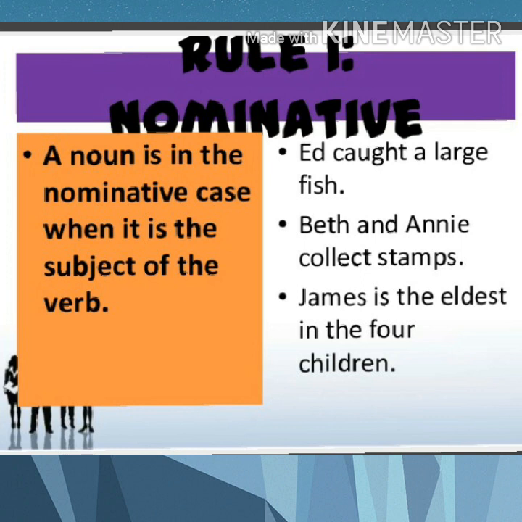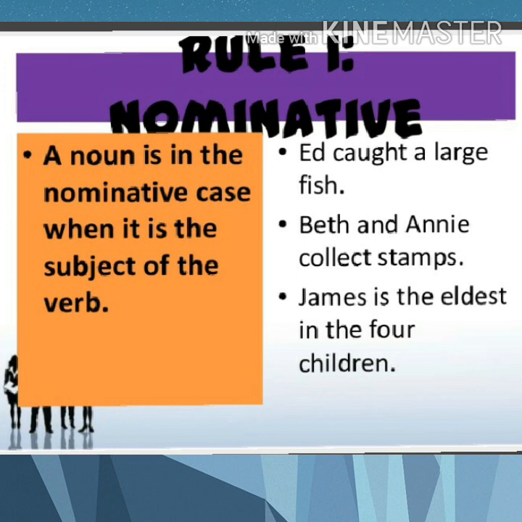Now let's see rule number 1. A noun is in the nominative case when it is the subject of the verb. For example, Eat caught a large fish. Beth and Annie collect stamps. James is the eldest of the 4 children.